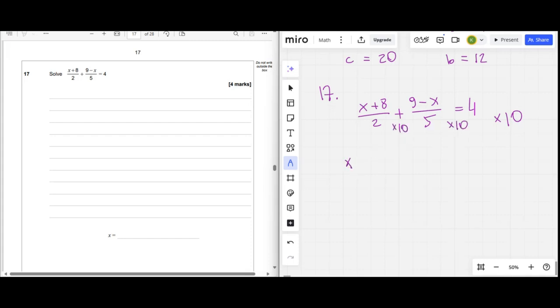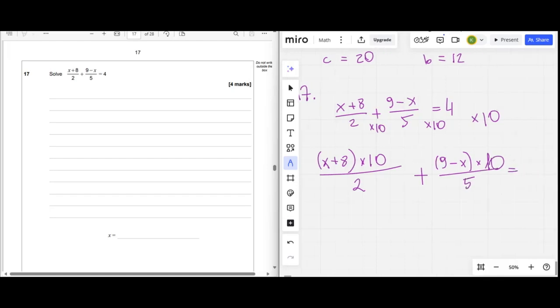What does it do? Let's rewrite the numerator. Let's put times 10 on top of it and divide it by 2 plus, and remember to use parentheses. 4 times 10 by 5 equals 40.